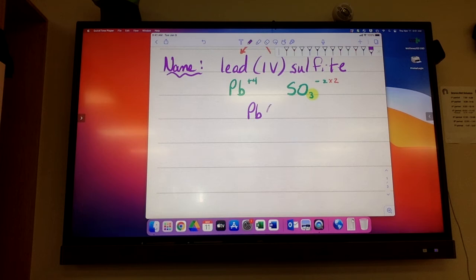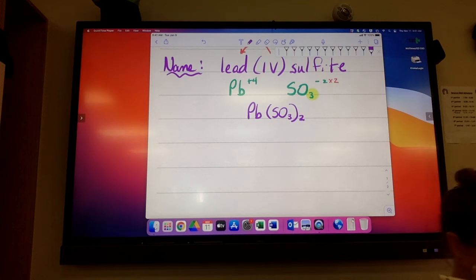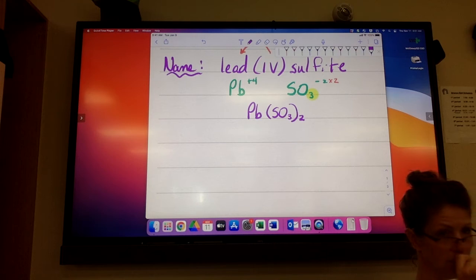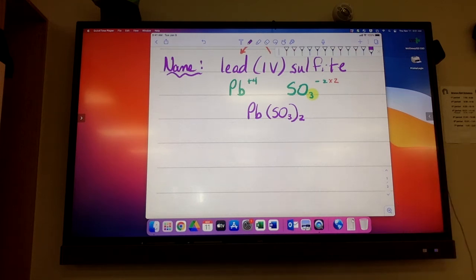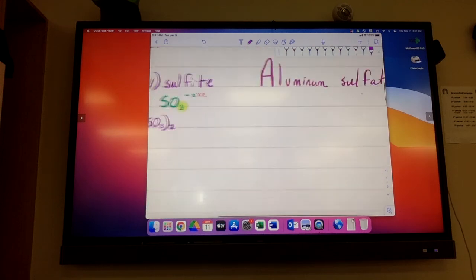So SO3, I need to trap inside parentheses so I can have a 2 on the outside. Only polyatomics and only when you need more than one. Okay, last one, aluminum sulfate.